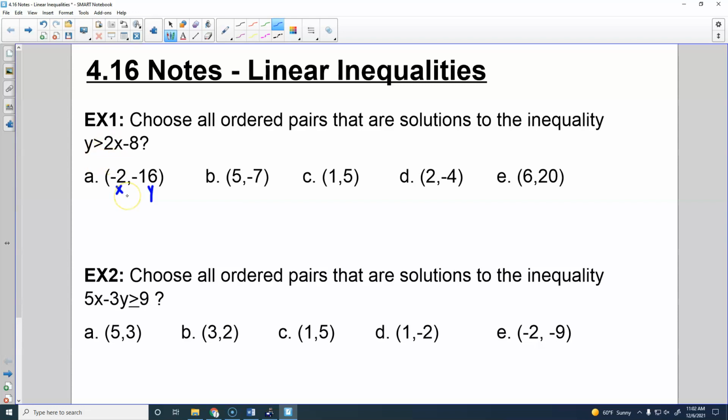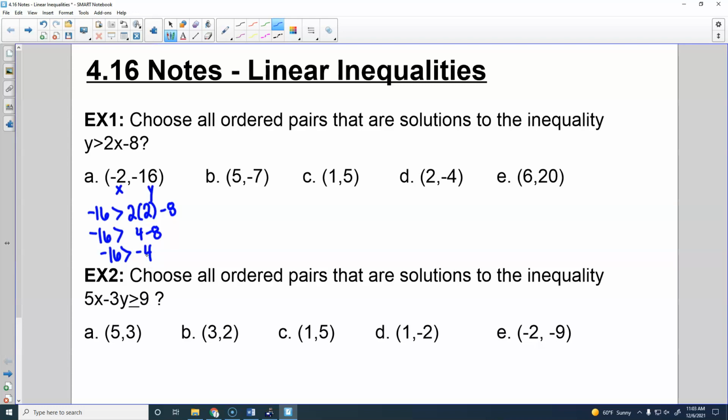So this says choose all ordered pairs that are solutions to the inequality. There might be more than one answer here. So if I want to check this, for the y, I'd put -16 greater than 2 times 2 minus 8. 2 times 2 is 4 minus 8. -16 is greater than -4.